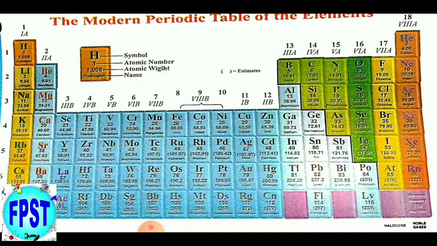For example, beryllium 1s2 2s2, magnesium 1s2 2s2 2p6 3s2. Next 4s2, 5s2, meaning the valence configuration of the second group elements is ns2.